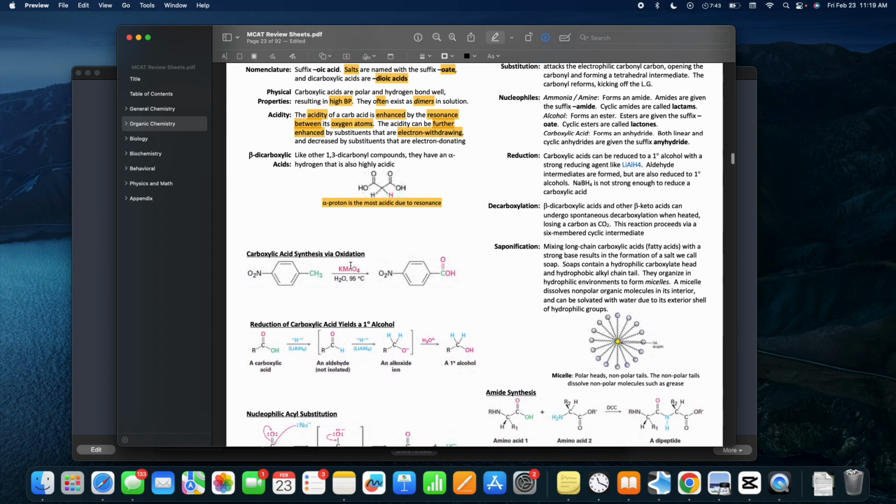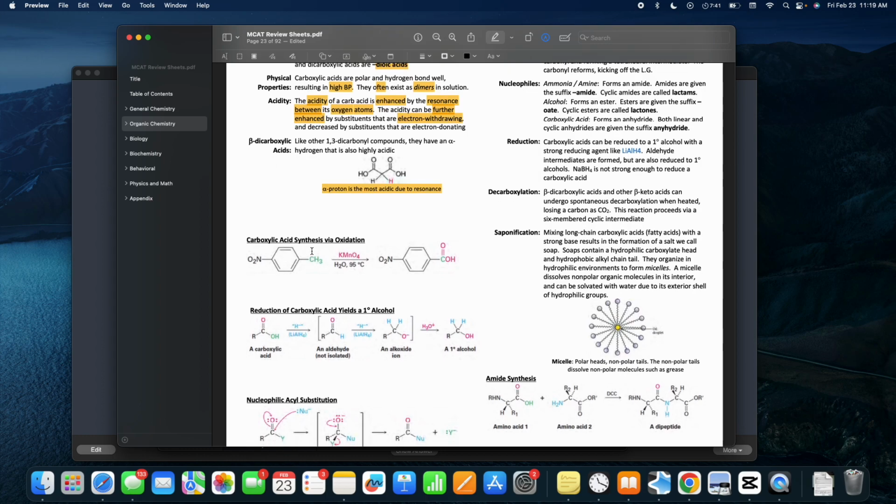Carboxylic acid synthesis via oxidation. So we use KMnO4 and oxidizing agents, right? And we give a carbonyl to here, so we can make carboxylic acids with this.